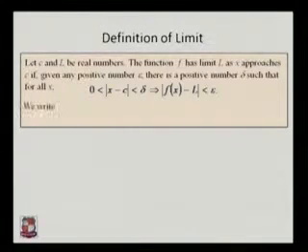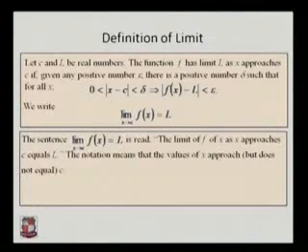Then we can say that limit x tends to c of f of x is equal to L. This is the mathematical definition of limit. That means as x approaches c, f of x approaches L, or in more standard language, limit x tends to c of f of x is equal to L. So this is the definition of limits.